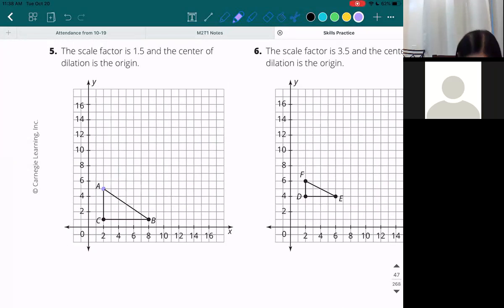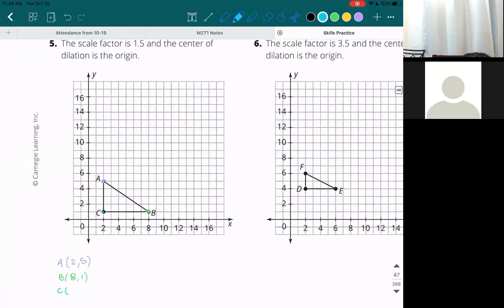So let's label what A is. A is 2, 5. Okay, and then let's do B. B is 8, 1. And then let's do C. C is 2, 1.